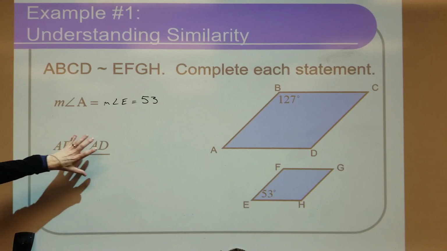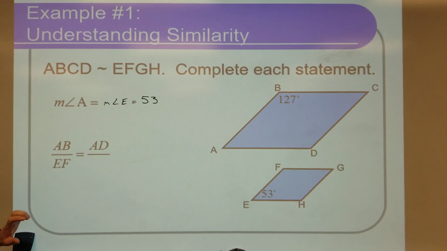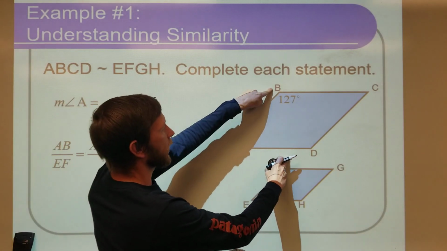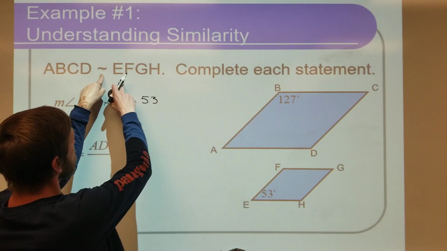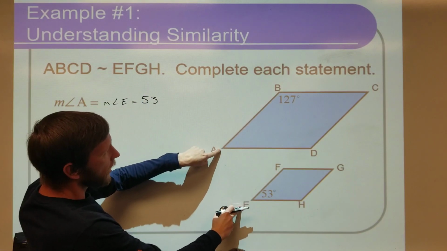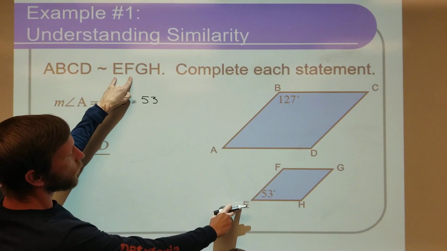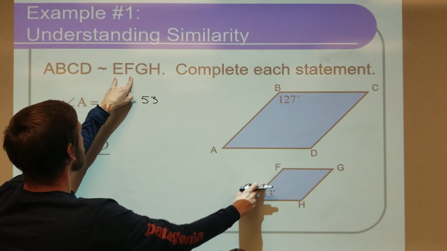Furthermore, when we are talking about the proportional nature of the side lengths, we're going to be referencing the fact that if these figures are similar, as is declared here using this similar symbol, we know that this side, AB, corresponds to and is therefore proportional to side EF.